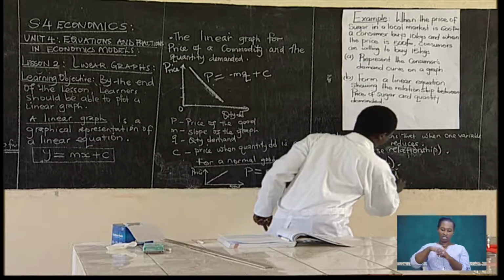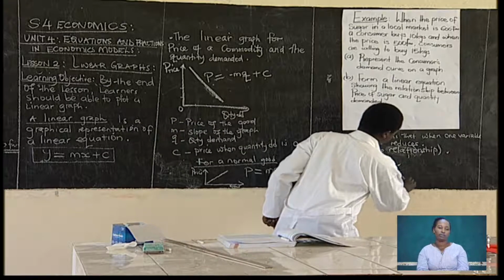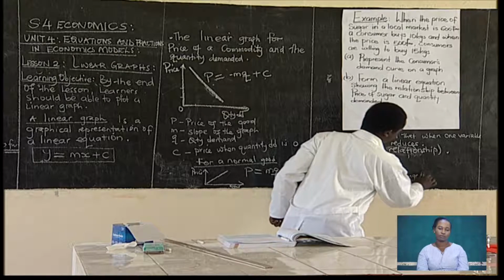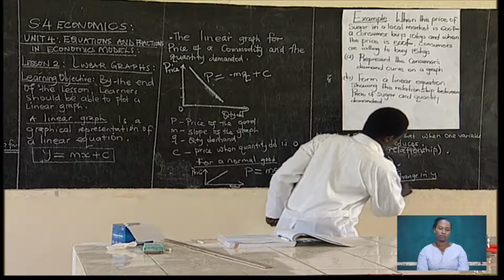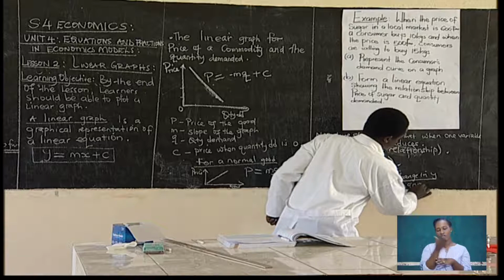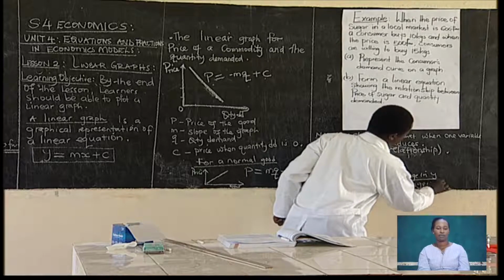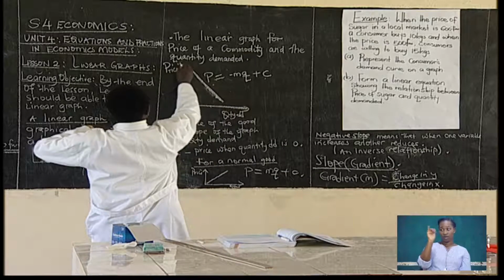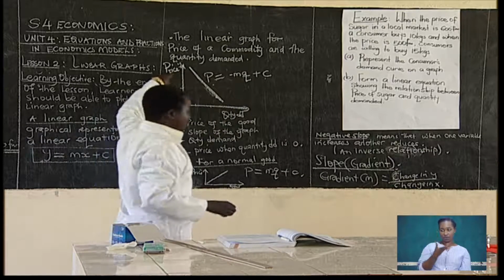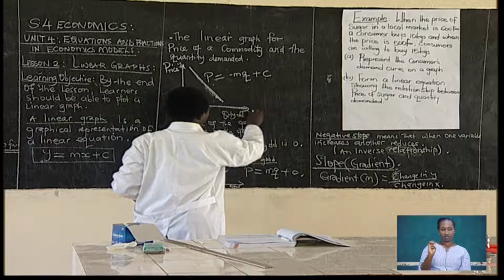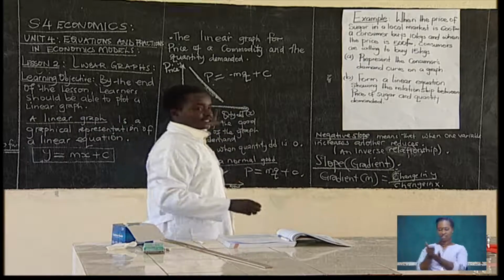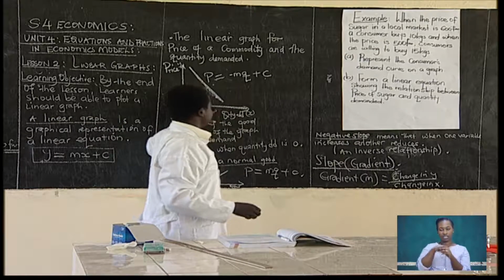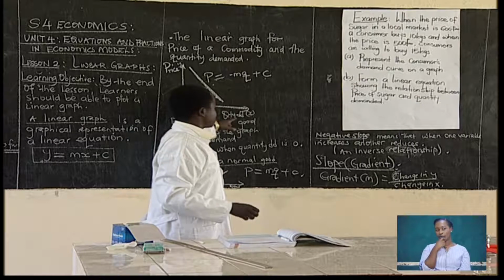So change in Y over change in X. Remember here, on your Y-axis, you have price, so change in Y will be change in price, and on your X-axis, we have quantity demanded, so change in X will be the change in quantity demanded.